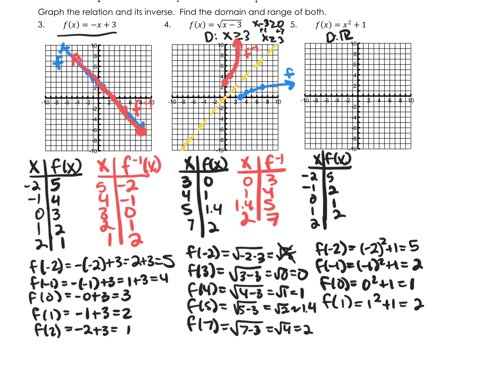This should be 2. And this should be 5. So we'll put those on our graph. So -2, 5, -1, 2, 0, 1, 1, 2, and 2, 5.